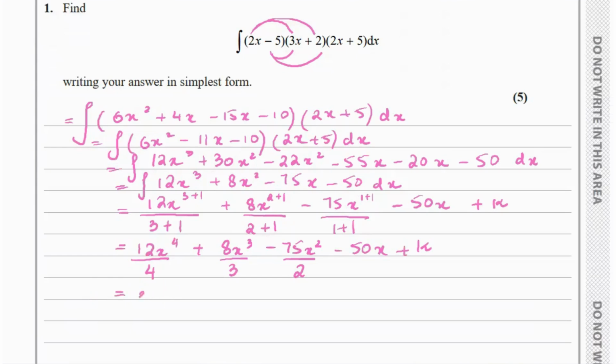Simplified, 3x to the power of 4 plus 8x cubed over 3 minus 75x squared over 2 minus 50x plus k. This is your integration. You will leave it as it is because they haven't given us any point which we can substitute in this expression to find the value of k. So this is your final answer.